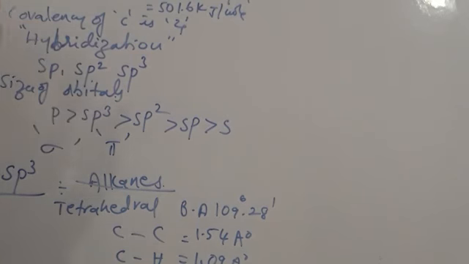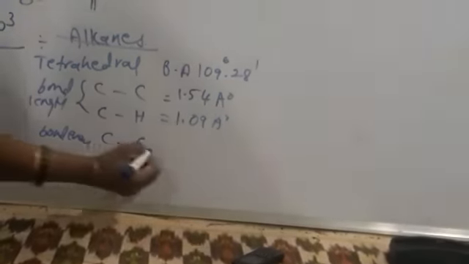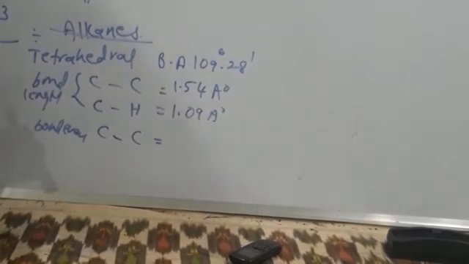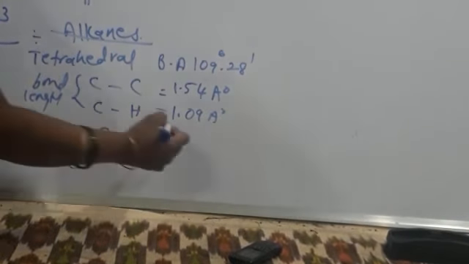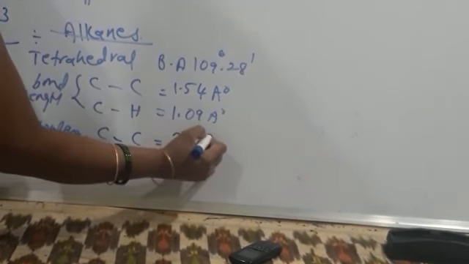So the carbon-carbon single bond energy is 341.1 kilojoules per mole.